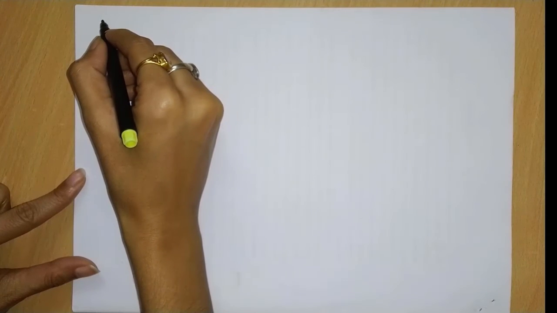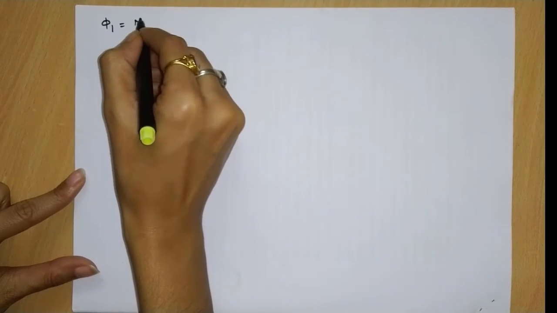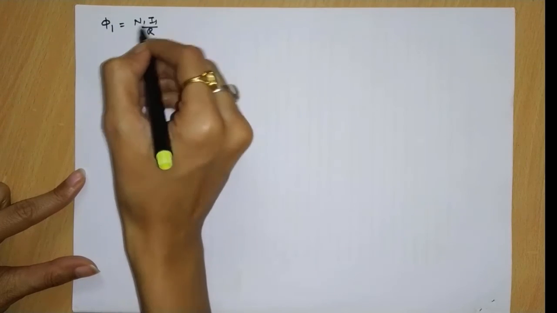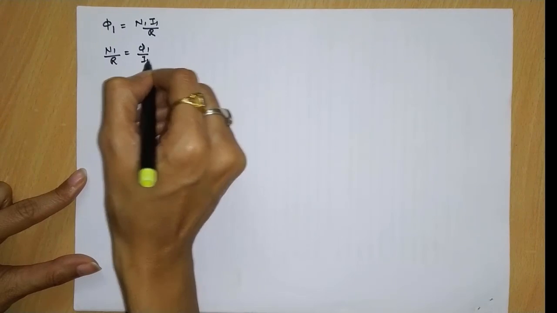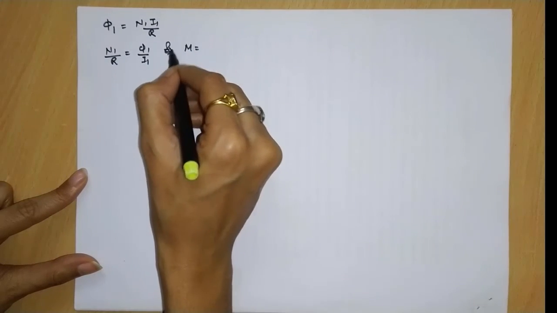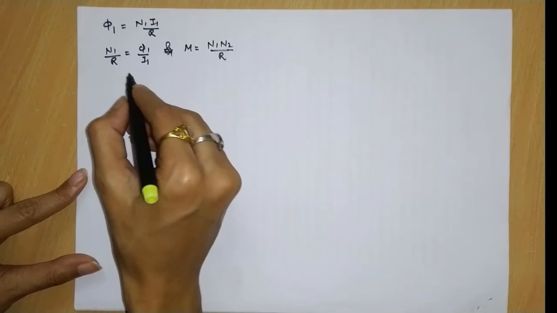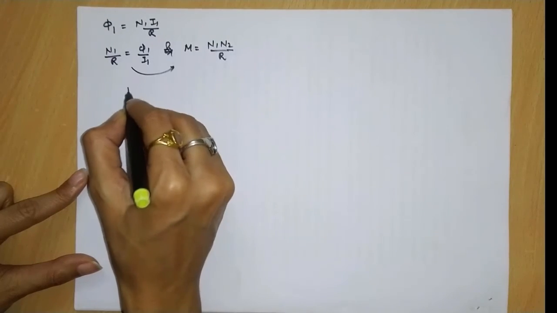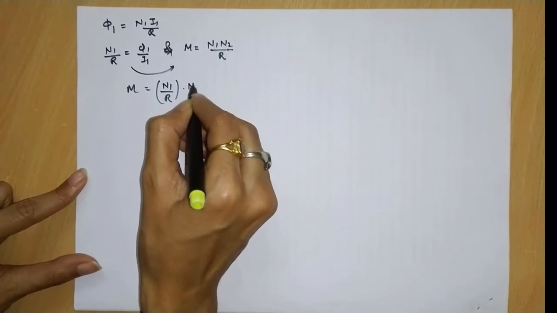We can also derive one more formula for this coefficient of mutual inductance. Since φ1 is equal to N1 I1 upon reluctance, therefore N1 upon R is equal to φ1 upon I1, and also we have M equals N1 N2 upon reluctance. Put this here, M is equal to N1 upon R into N2.